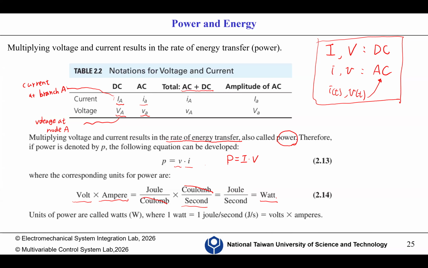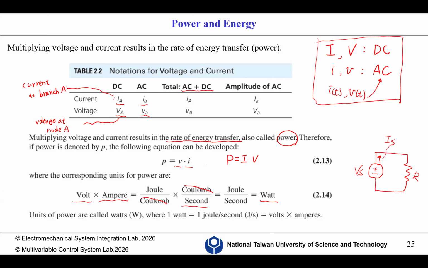Likewise, if it's a voltage source, which we will introduce later, say a voltage source here and this is a resistor, the voltage source has a voltage Vs and it has a current, we say Is.